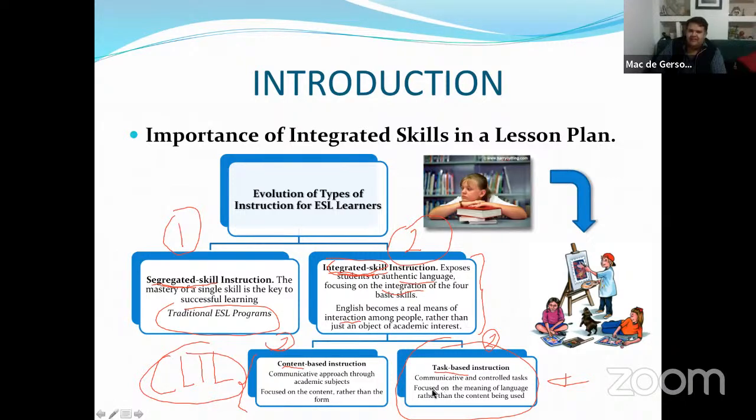Exactly. See the difference? You're going to check the communicative part, the grammar, the words, the conjugations. You will focus on the meaning instead of the content.